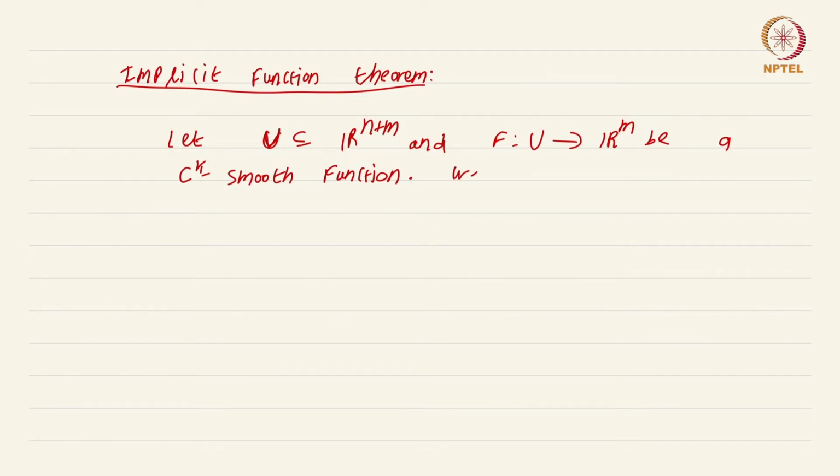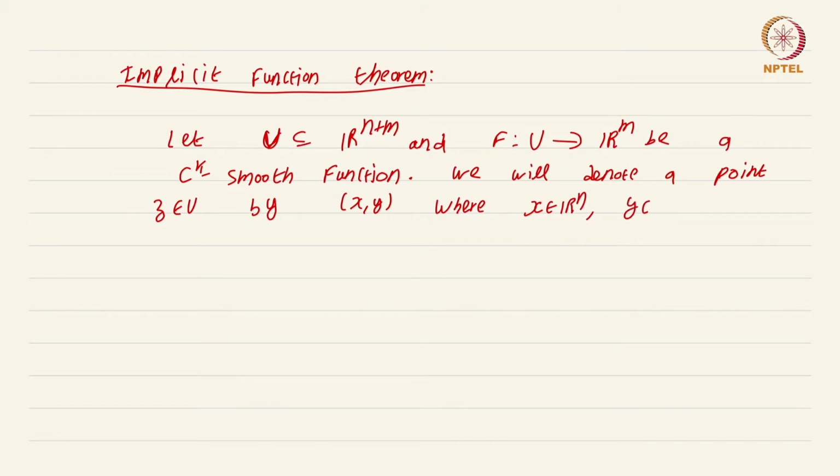Now we are going to denote a point z in U by x comma y, where x comes from R^n and y comes from R^m. So we are going to split the variables on which this function f depends into the variables coming from R^n and the variables coming from R^m.